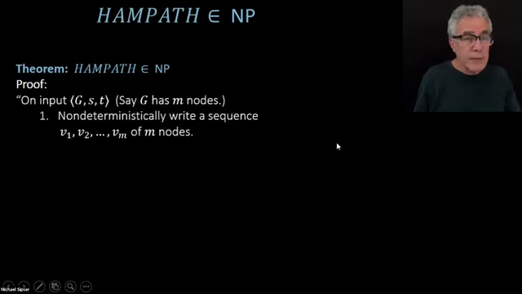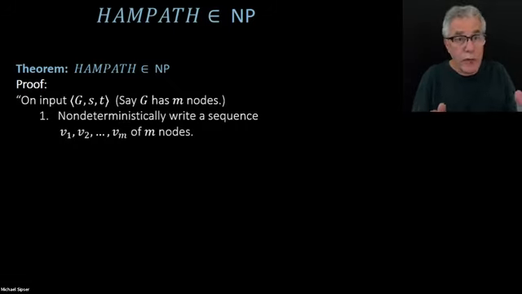And we're trying to make now a non-deterministic machine, which is going to accept all such inputs which have a path. The way this non-deterministic machine is going to work is it's basically going to use its non-determinism to try all possible paths on the different branches. And the way I'll specify that is to say non-deterministically, we're going to write down a candidate path, which is just going to be a sequence of m nodes, where m is the total number of nodes of the graph.